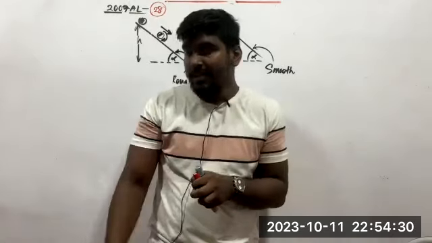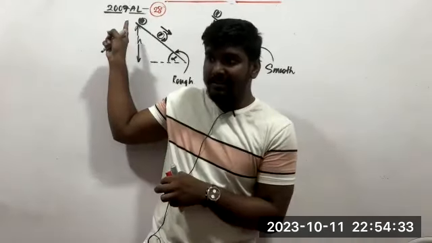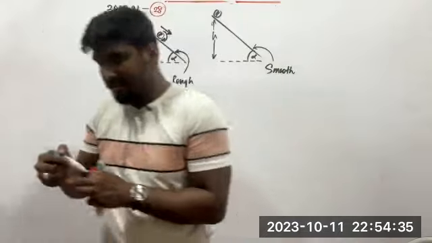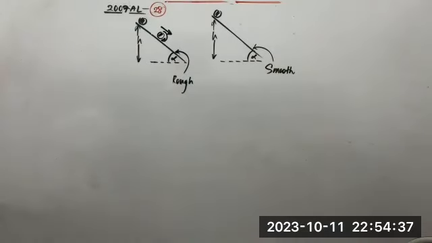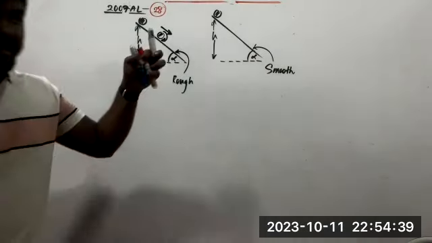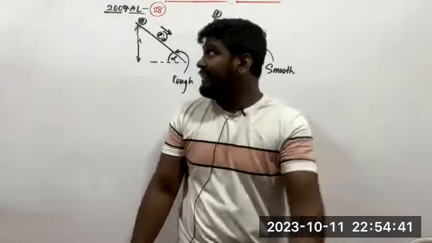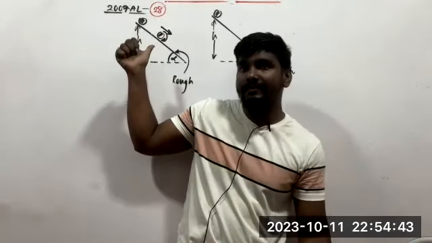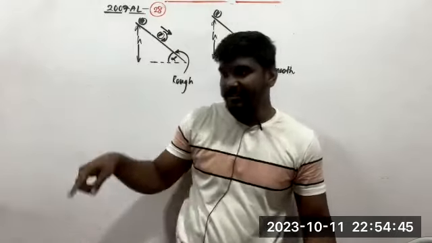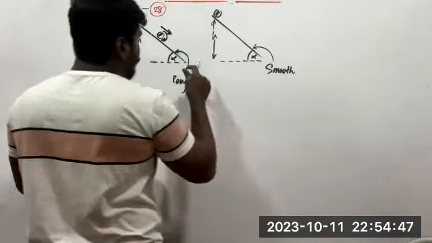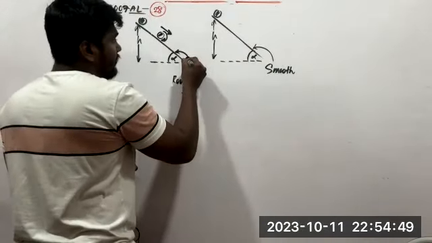Important: initially, the sphere was at rest and only had potential energy. But when the sphere is rolling down, it has linear kinetic energy plus rotational kinetic energy.